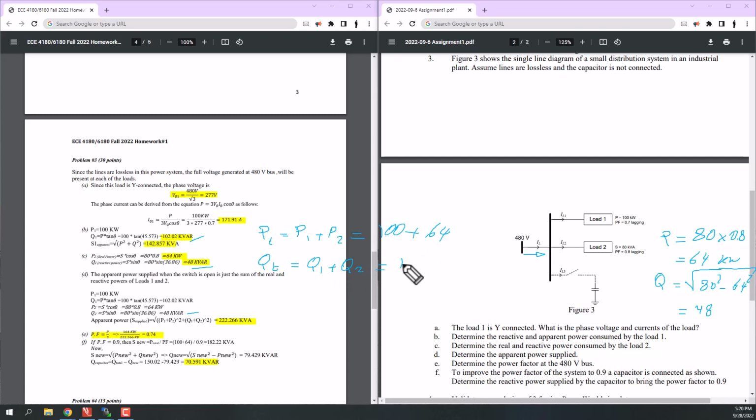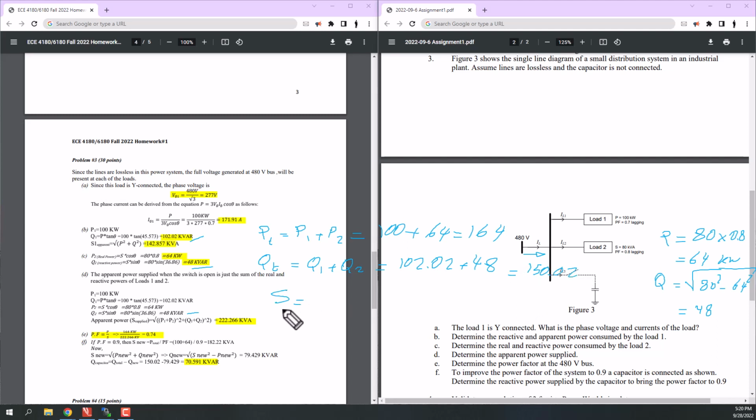Q1 is 102.02 plus Q2 48. Now it is 164 for P total, and this one is 150.02 for Q total.